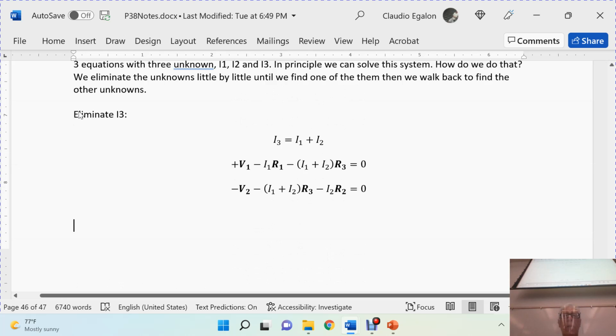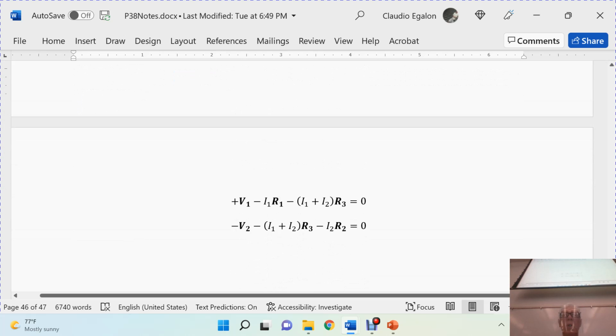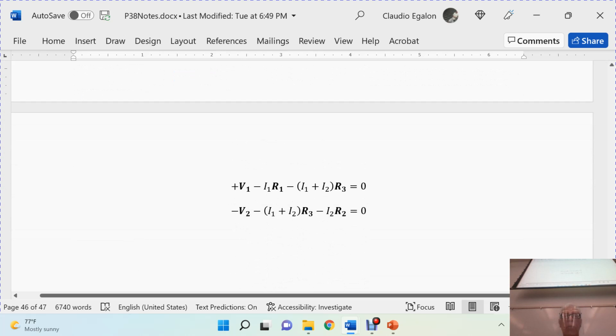So three equations become two, and the unknowns also become two. Now we have only I1 and I2. Do you see how this technique works?